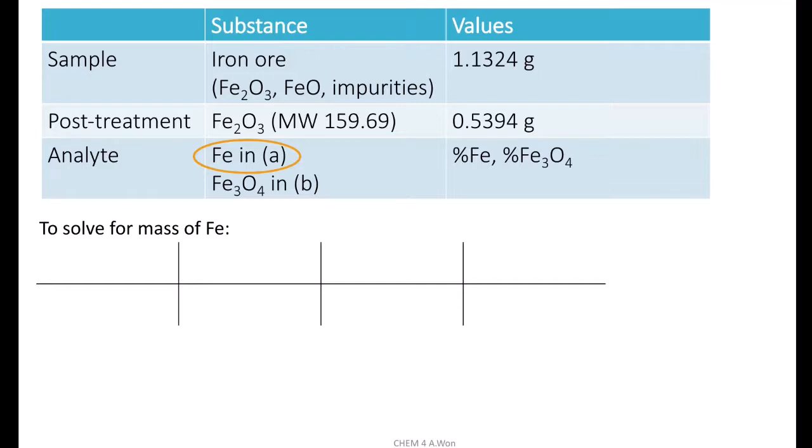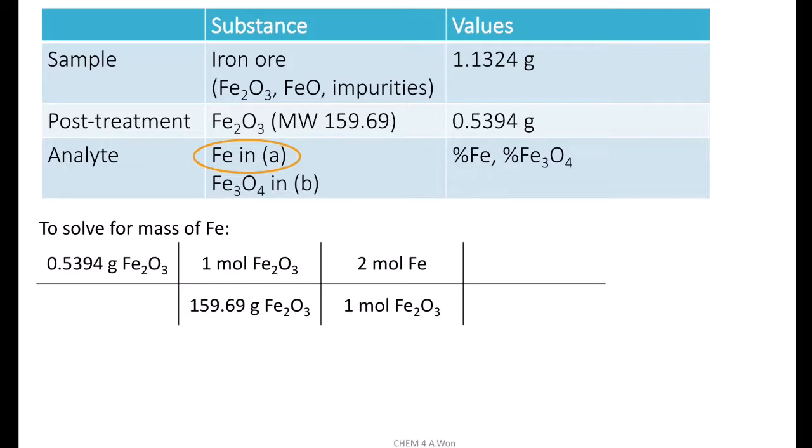And let's use the grid to find the mass of iron first. So, we will use the mass of Fe2O3, followed by the molar mass of Fe2O3, followed by the ratio of the moles.